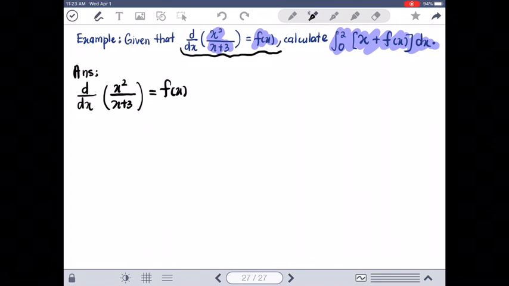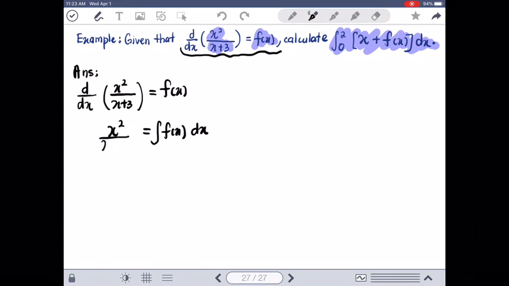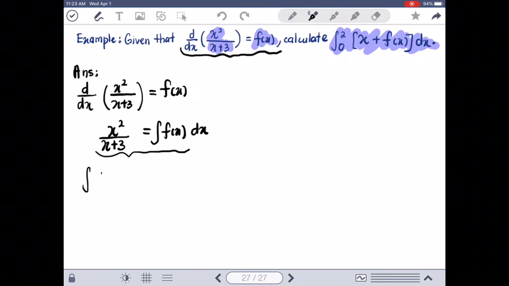It's given from here, which means that if we integrate f of x with respect to x, we should get x squared over x plus 3 easily, because integration is just the reverse process of differentiation, vice versa. So in other words, from here we can conclude that integration of function f of x with respect to x will produce x squared over x plus 3.